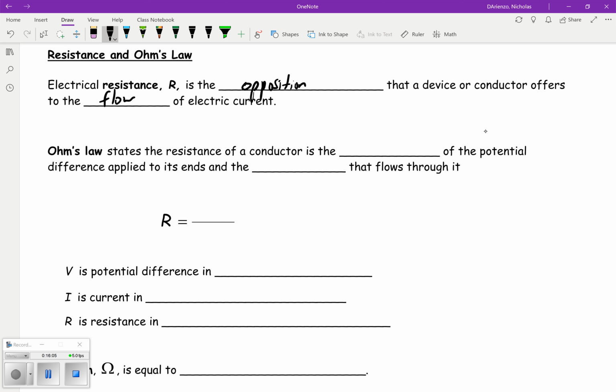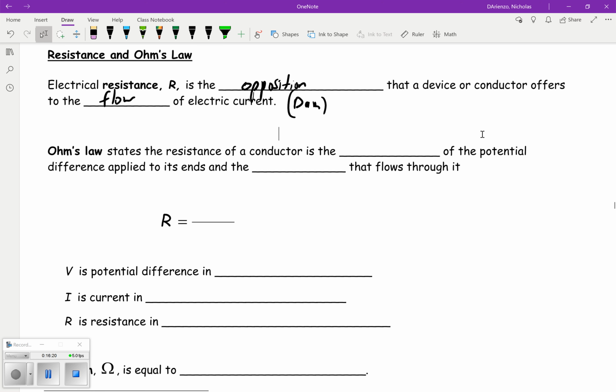Now, this is where it's probably popping into your head, I'm sure, where the dam comes in. The dam we're going to use to represent our resistance in the circuit or in the river.